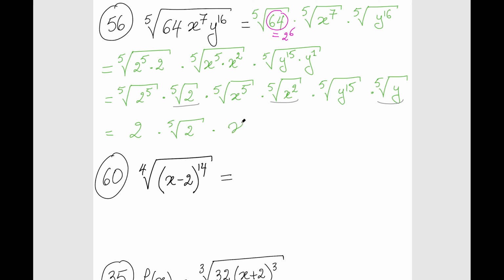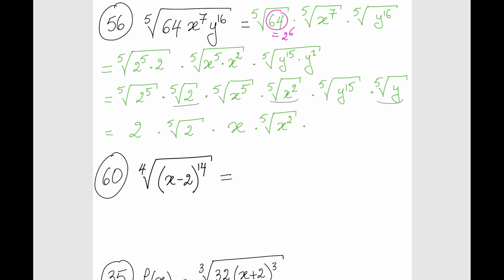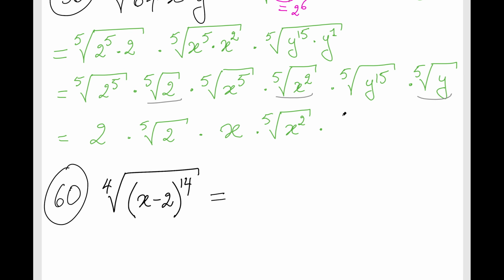So this is simply x times the 5th root of x squared times the 5th root of y to the power 15. And y to the power 15 is the same as y to the power something to the power 5, right? And that thing is clearly y cubed.